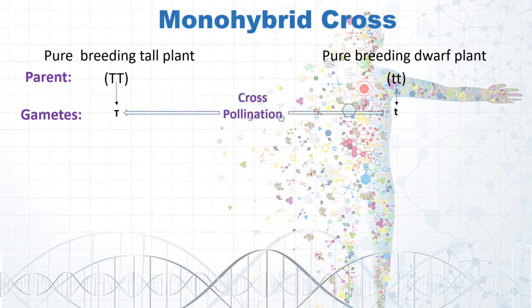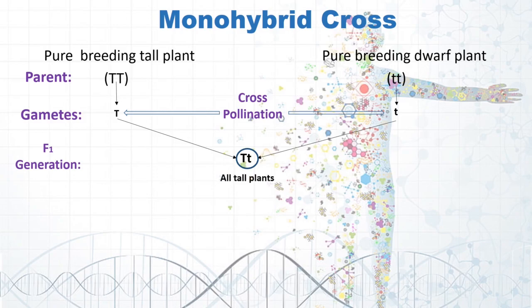After cross-pollinating the pure breeding plants, the zygote formed has genes from both the parents and is now represented as capital T and lowercase t, that is heterozygous dominant. That is, it has the character of both the parents.